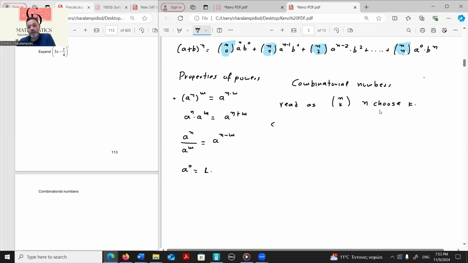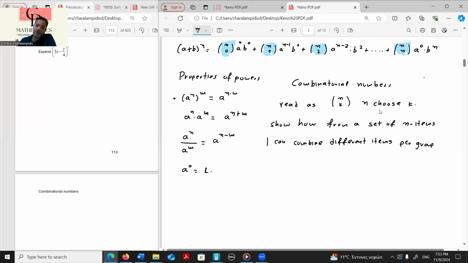Because they show how from a set of n different items I can combine them per groups of k.